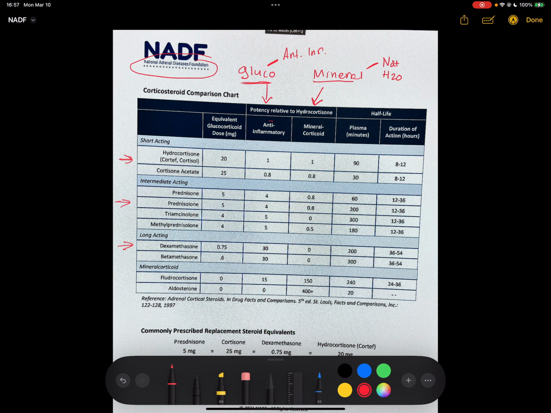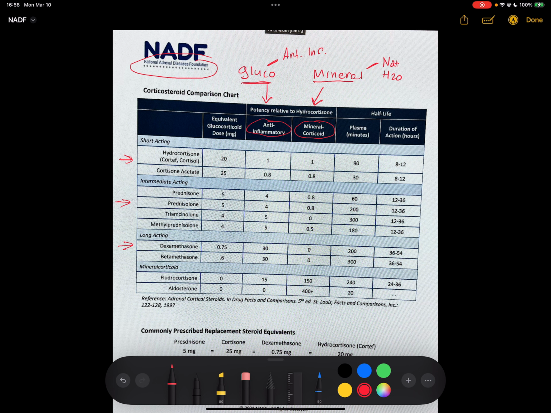The anti-inflammatory effects in this column here are primarily glucocorticoid activity, and then mineral corticoid is, again, primarily the sodium retention and water retention activity. And these are all going to be relative to hydrocortisone.